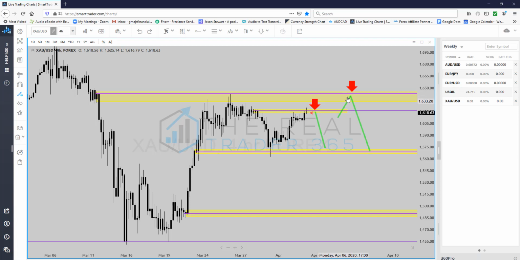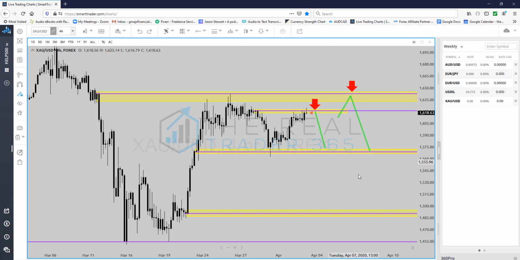So for now, let's see what this market does. We can either hold here. If this rejection candle holds, let's see how the market opens. If this rejection candle holds, we could see a push down. If it pushes up further, this is where I'll be interested in starting to sell the market, as the market then could come back down to the bottom of the range here.